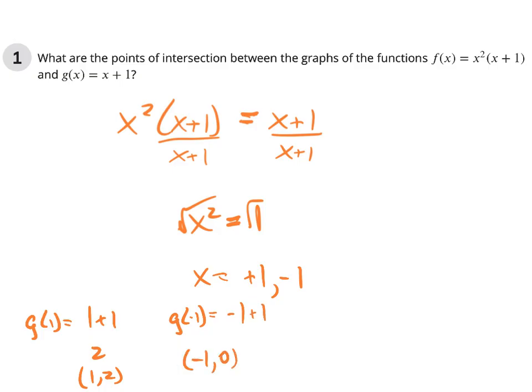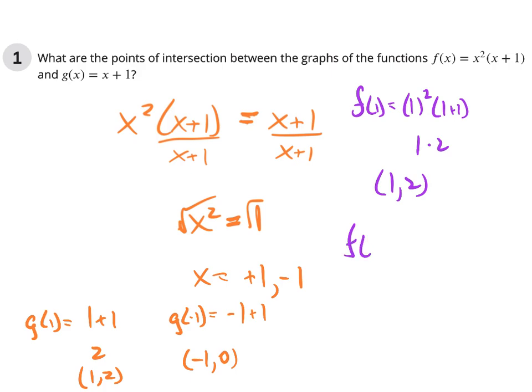Now let's check these points in f. So f of 1 equals 1 squared times 1 plus 1. 1 squared is 1, times 2, is 1 comma 2. It's the same point. So 1, 2 works.